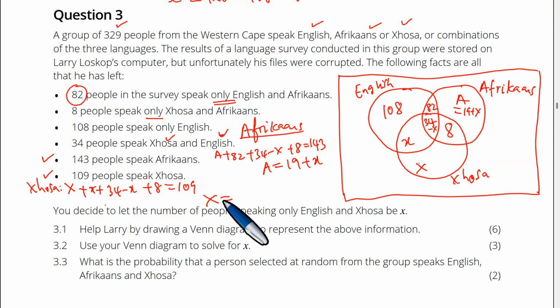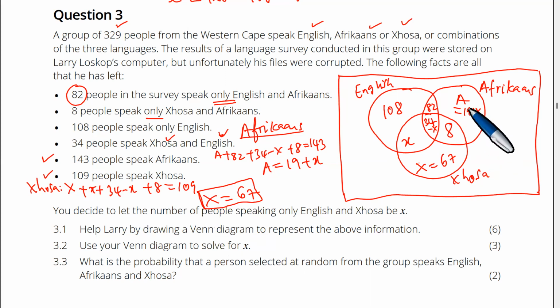Big X is x minus x, which is 0, so 109 minus 34 plus 8, which is 67. So big X is 67.